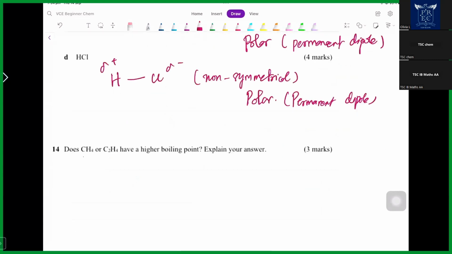I think this one we have already discussed. CH4 or C2H4, which has a higher boiling point? This one has a larger molecule, larger dispersion force. So C2H4 has higher boiling point.